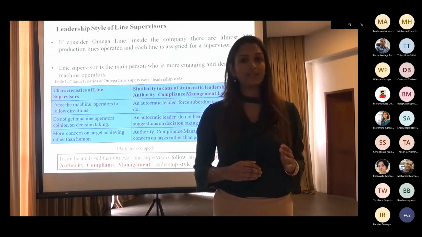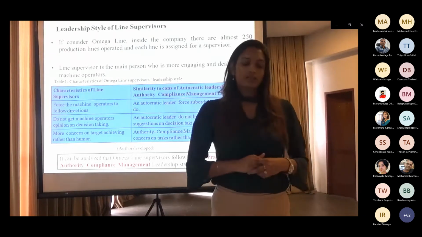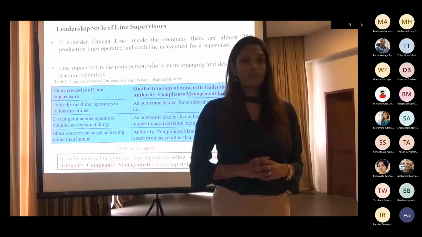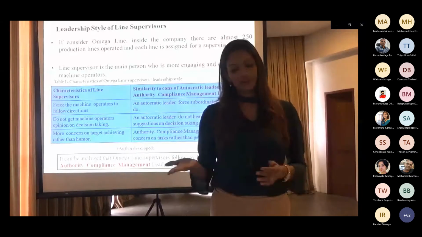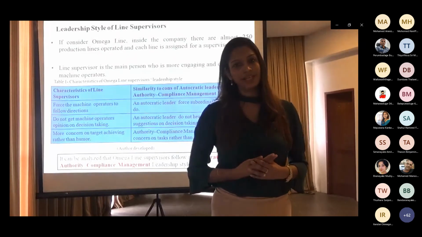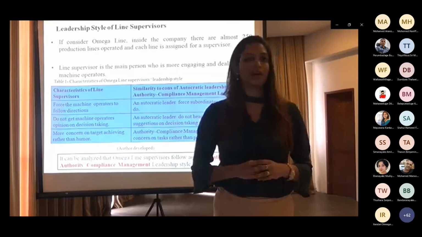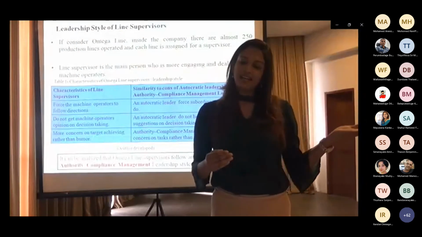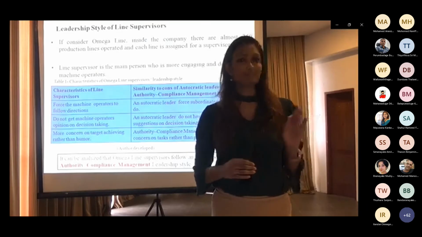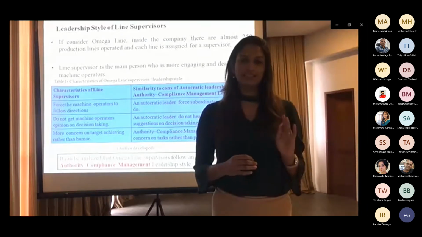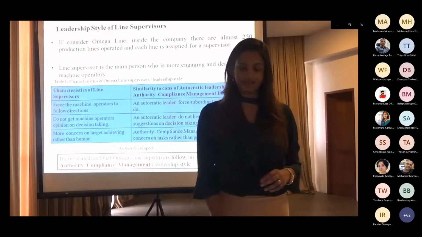They always expect discretion. Number three, the Omega line supervisors are more concerned with target achievement rather than people. Even authority compliance management is more task-oriented rather than people-oriented. At last, it can be concluded that most of the Omega line supervisors are practicing the autocratic or authority compliance leadership management type.